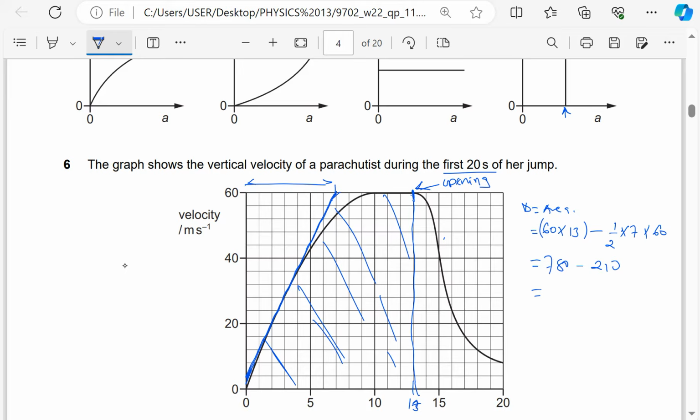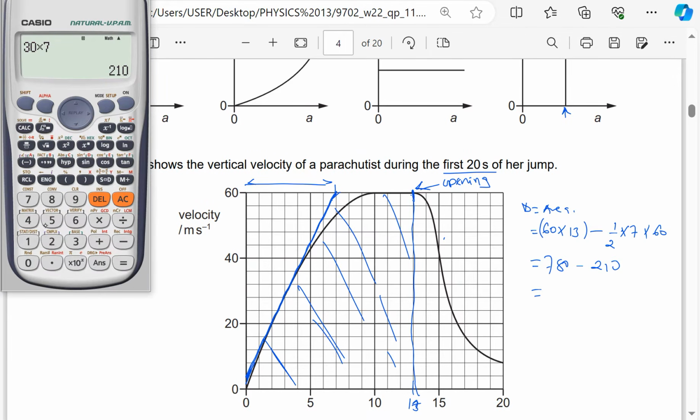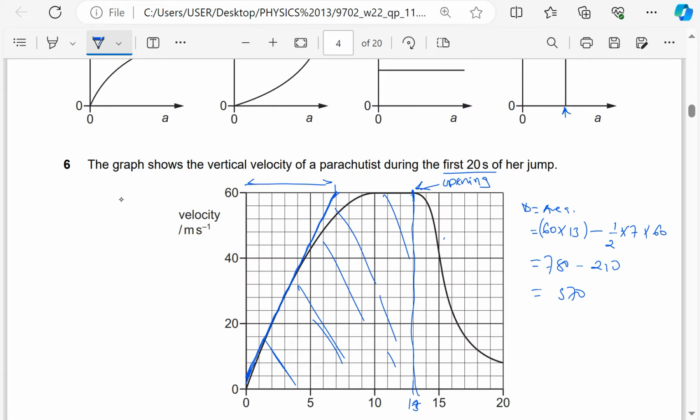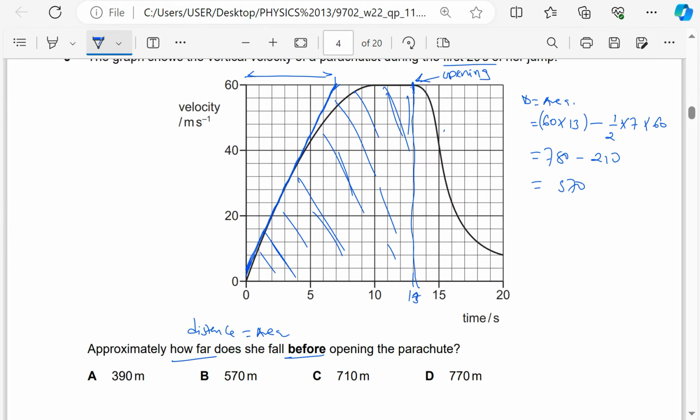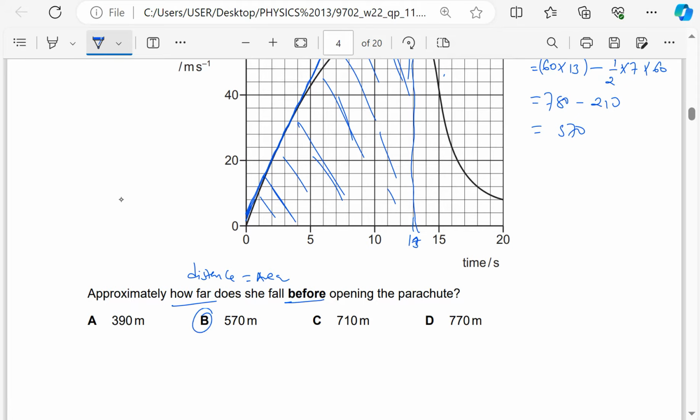When I subtract 780 minus 210, that is 570. So this area here is approximately 570. So the answer here is going to be automatically B.